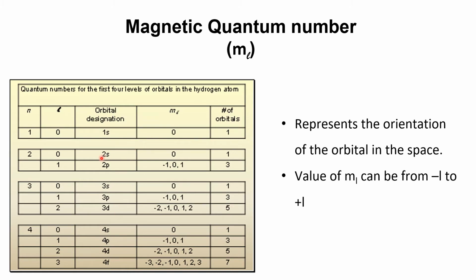If I am talking about 2p, 3p, 4p, the number of orbitals is 3. If I'm talking about 3d and 4d, the number of orbitals is 5. And if I'm talking about 4f, the number of orbitals is 7. So the values of ml can be from minus l to plus l, and we can find how many orbitals are present in that particular subshell.